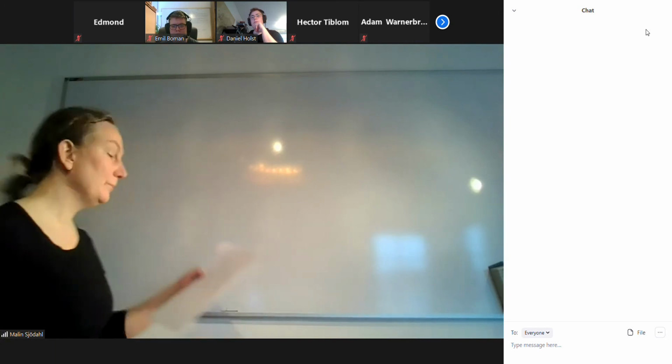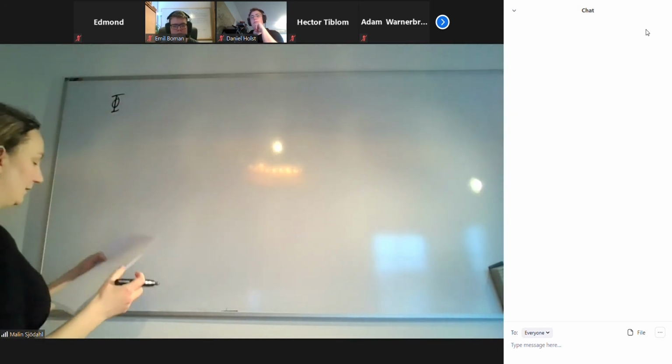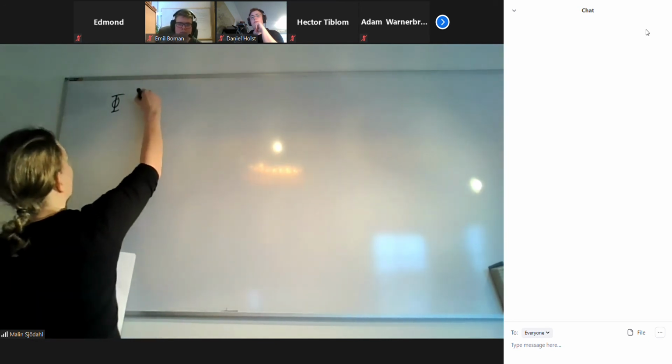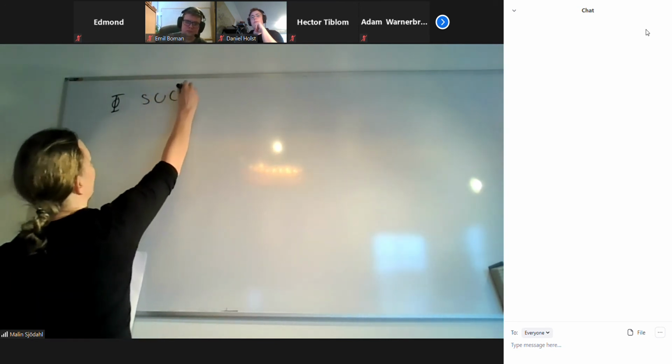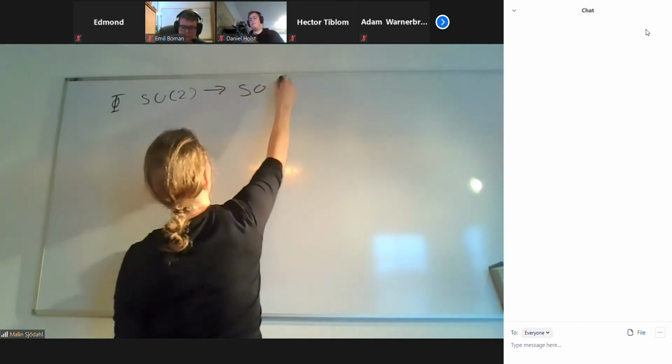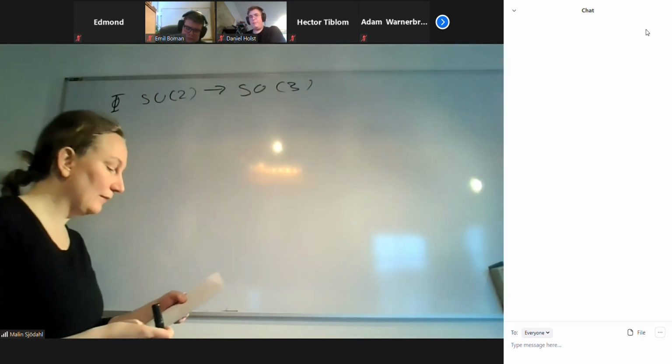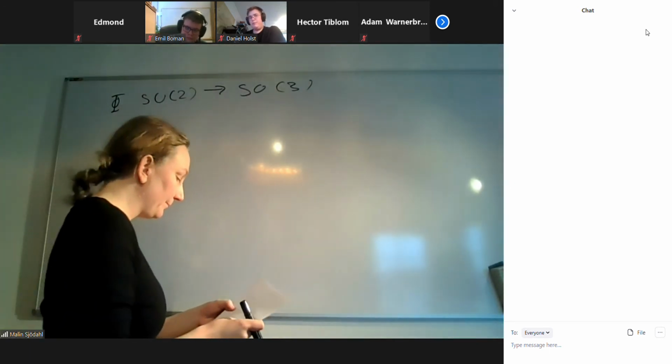Okay, so in this problem we're considering the homomorphism from last lecture. So we had this homomorphism between SU2 and SO3. As we have seen, the groups are very similar. They have the same algebra.